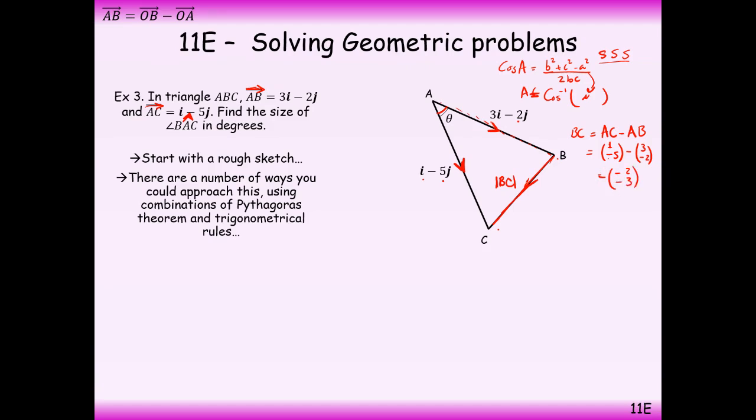So this is the definition of B to C, and as we've drawn it, it is pointing to the left and down. Now we want to know the magnitude of B to C. So we're going to use our Pythagoras here: the square of minus 2 plus the square of minus 3. 4 plus 9 makes 13. So the magnitude of BC is root 13.